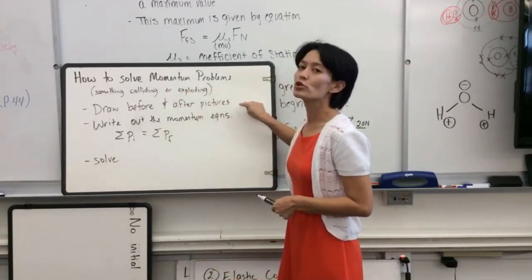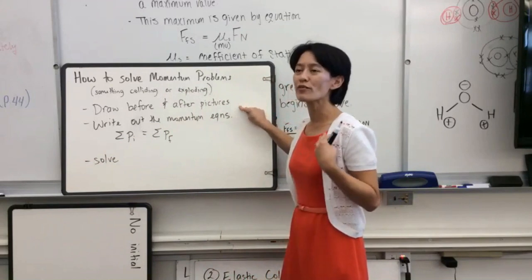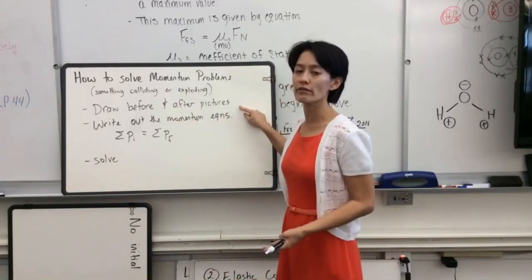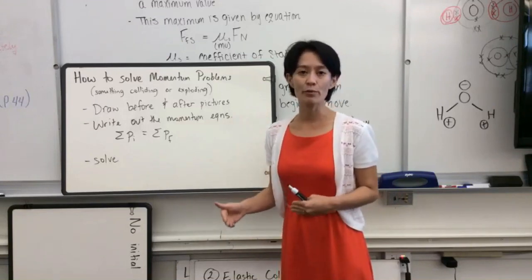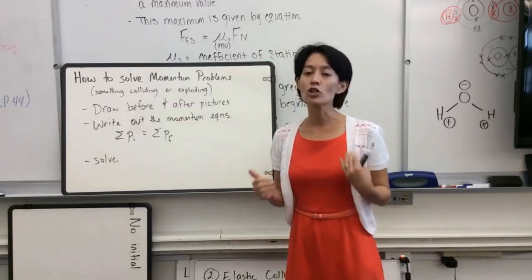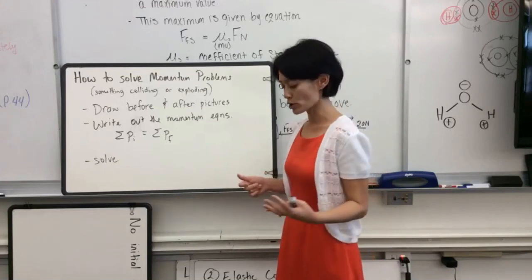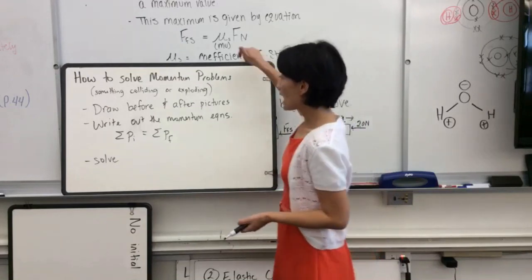But this first step, the drawing, is key, and you should have known that from the force chapter. Drawings are key. If you don't have a good drawing, you're not going to have a good set of equations. The same thing is going to happen with momentum. If you do not have a good drawing, you're not going to know what has momentum before, what has momentum afterwards, and how to set them equal to each other.